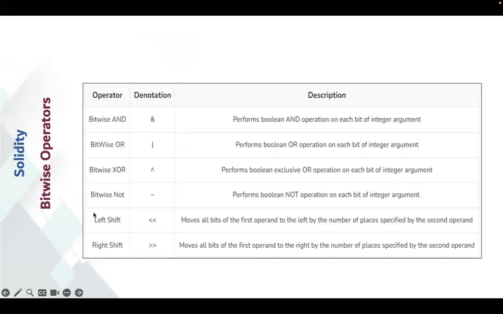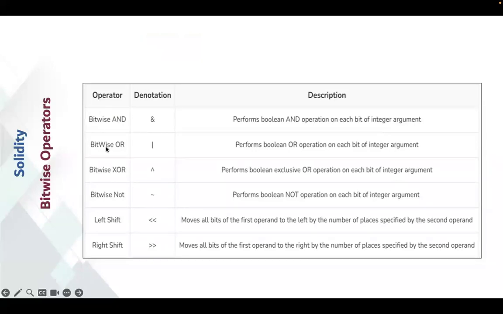If we talk about bitwise operators, we can say bitwise operators work at the bit level and are used to perform bit-level operations. Solidity supports different types of bitwise operators. Here we have bitwise AND, which performs a Boolean AND operation on each bit of the integer arguments.